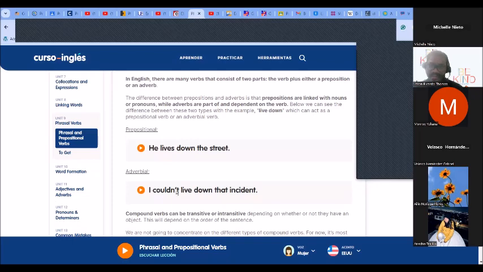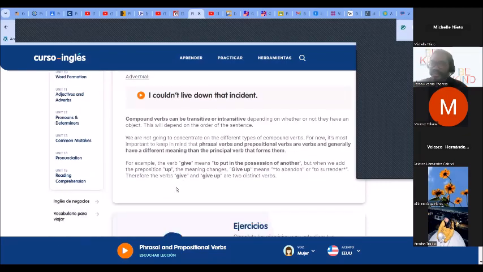We know live is to survive. And we know down means decrease, the lower direction. So when we have these three words together, it means something different than just being alive. All right, same thing with give and up. Give, I have it in my hands and I share.